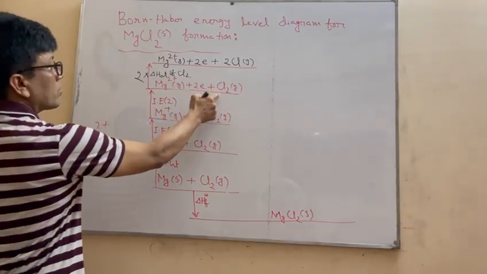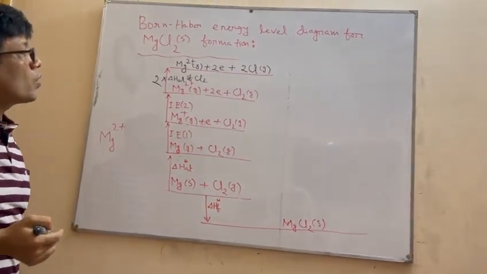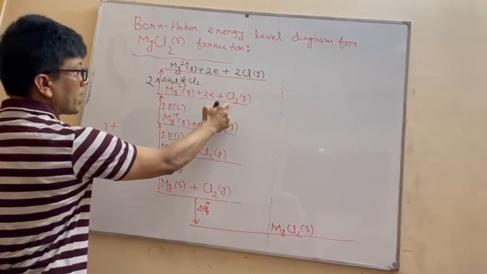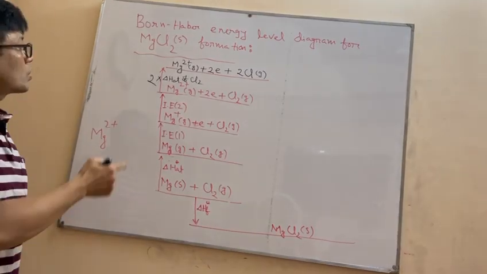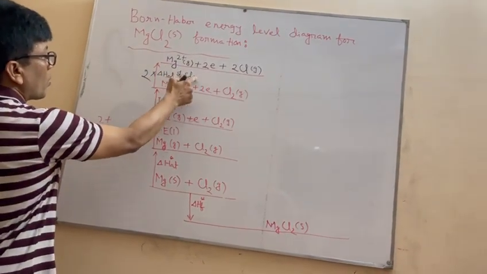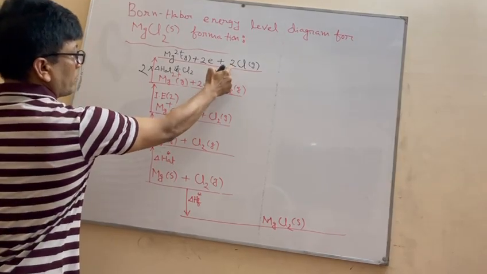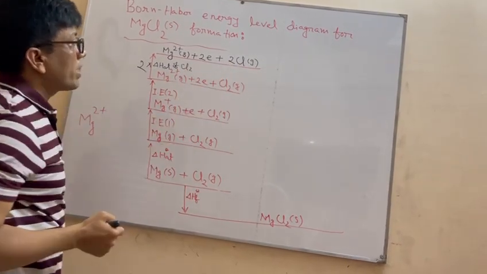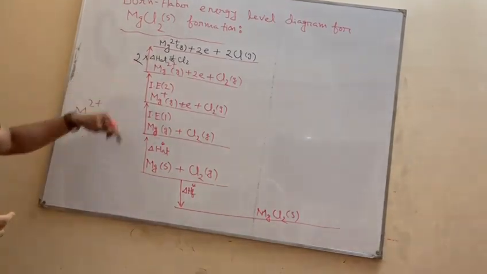Why 2? Because you know atomization is the enthalpy change when 1 mole of gaseous atom is formed from its elements. But here you see 2 moles of gaseous atoms are produced, so delta H atomization of chlorine times 2. Chlorine element to gaseous atom, this is atomization of chlorine, but 2 moles of chlorine gaseous atoms are produced, that's why multiply by 2.